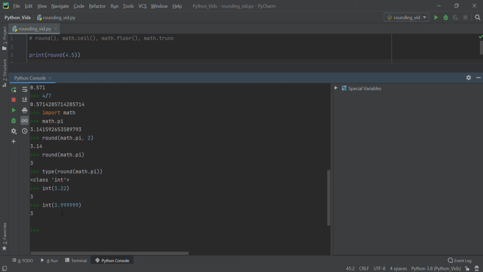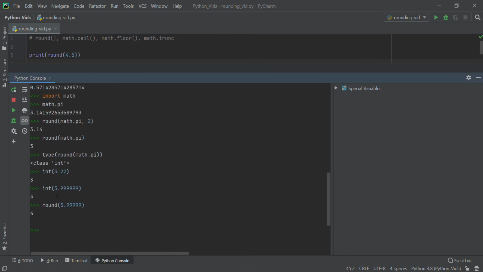Basically, what the integer function here is doing is it's just chopping off all the decimals and then turning your float into that integer. So it's great and all, but it's not really going to round it for you. If you want to round, you can use the round function. If you do round 3.99999, that will of course round it up to 4.